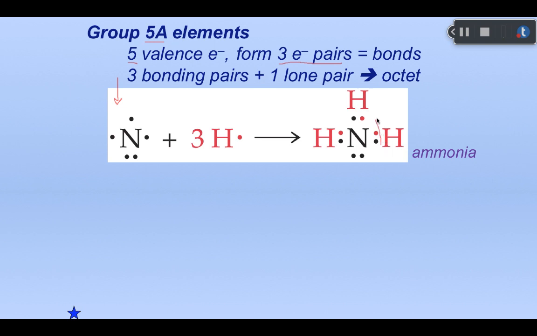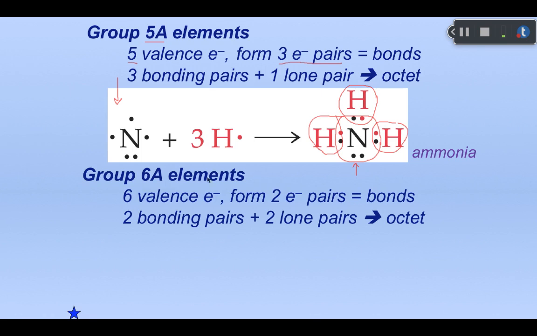In this case, the nitrogen has shared electrons from 3 neighboring hydrogen atoms to end up with an octet. And the hydrogen atoms each have only 2 electrons to fill their outer shell, which is a stable arrangement. It's not 8 because it's hydrogen. You can't go that high with electrons. And so that makes a stable configuration of 3 bonds and 1 lone pair for ammonia.